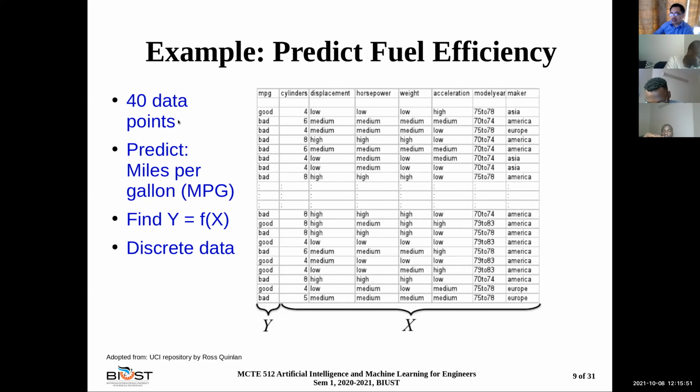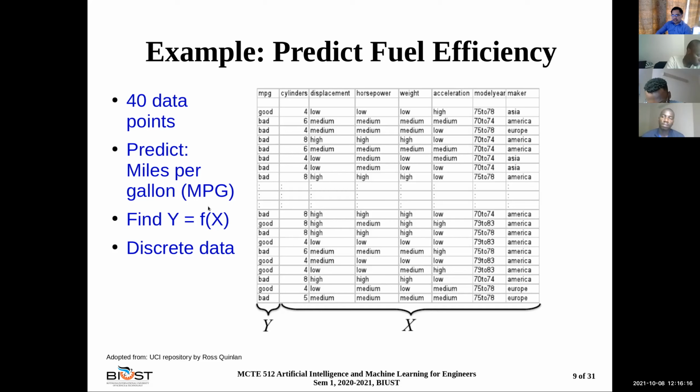Okay, so again, they're given here, for example, 40 data points. That means there are 40 of them, 40 data points based on how many input parameters here. 1, 2, 3, 4, 5, 6, 7 input parameters. And in this case, this is a column of the output parameter Y consisting of good and bad only.